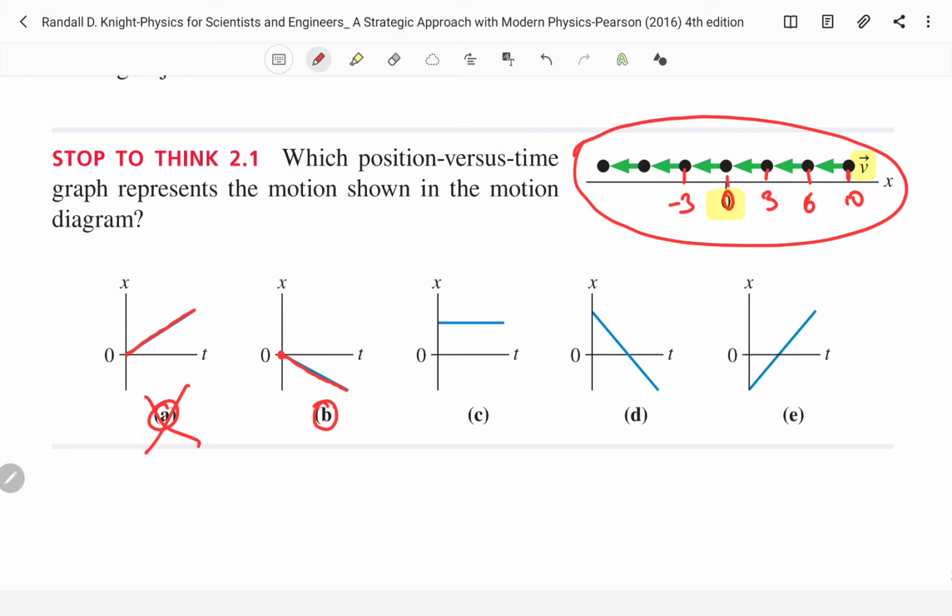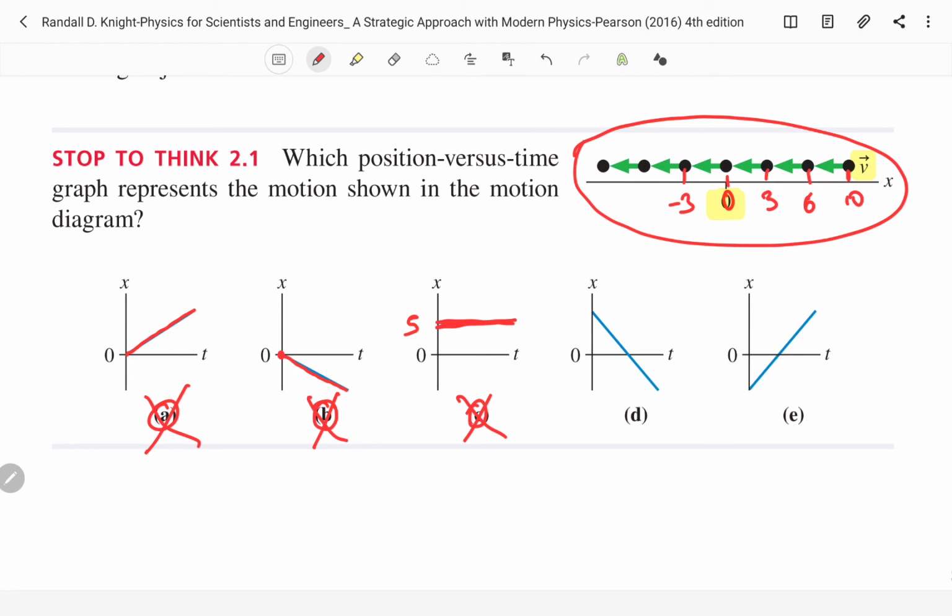But we know that from the diagram, initial position is not equal to 0. It's bigger than 0. So B is also wrong. Let's come to C. Position is not changing. Let's say it's 5 meters, and it's always 5 meters. It means this object or car is not moving, it's at rest.